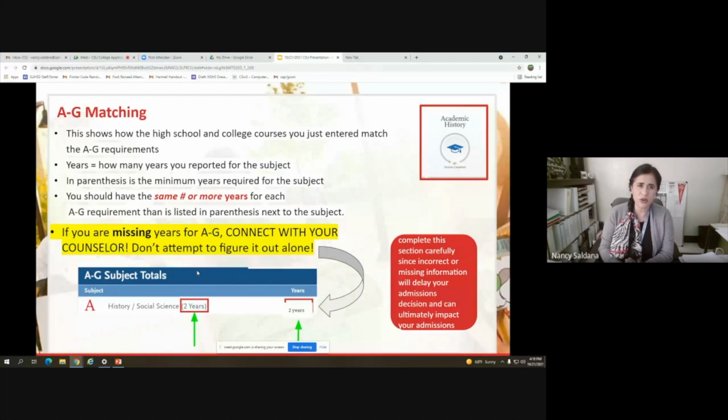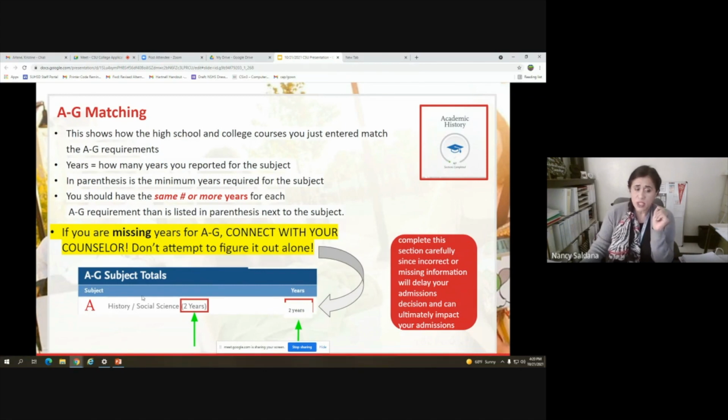We want to make sure that you are completing this correctly, because sometimes, depending on the way that you include your coursework, it doesn't give you the appropriate A through G subject totals. So let me review this with you. Once you're done with your high school coursework and your college coursework, you're going to get the A through G subject totals.